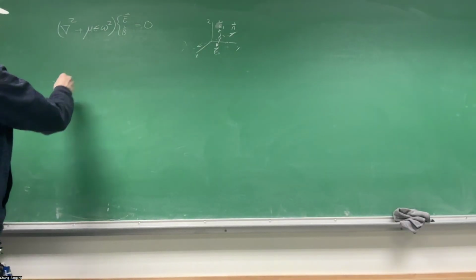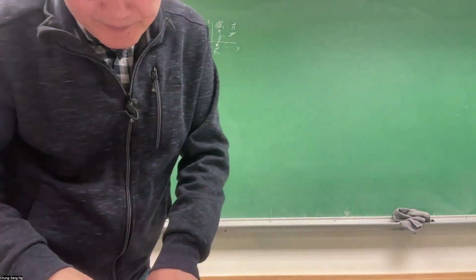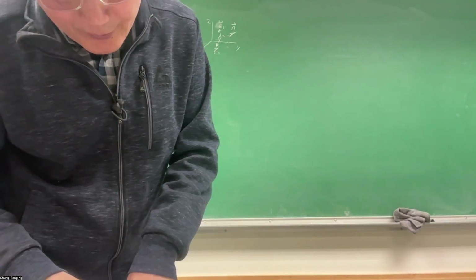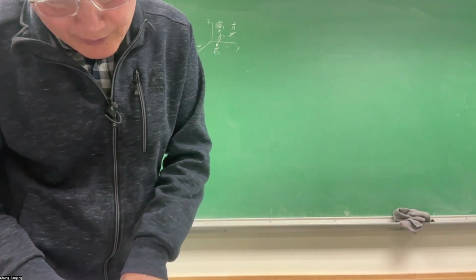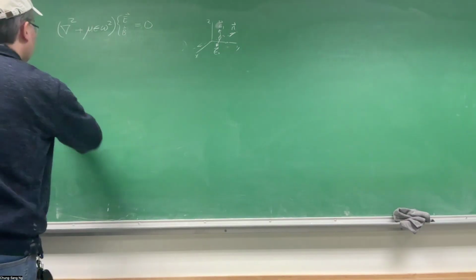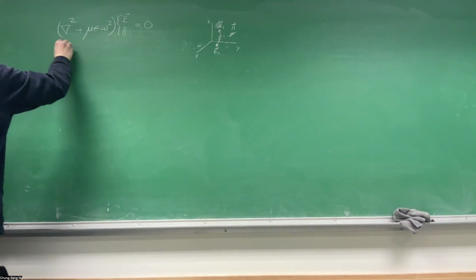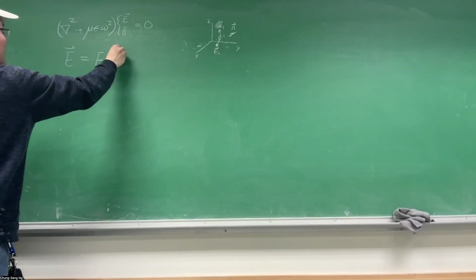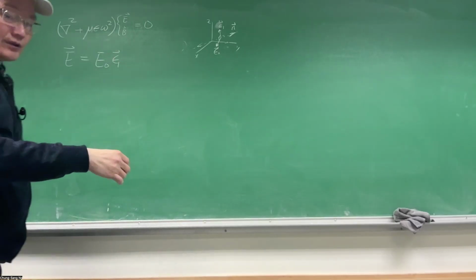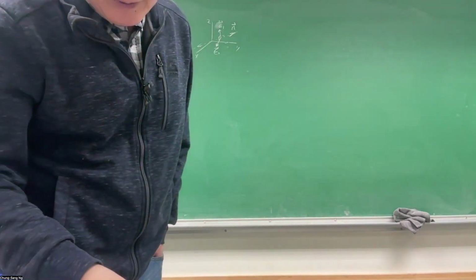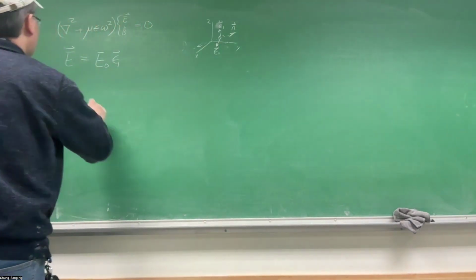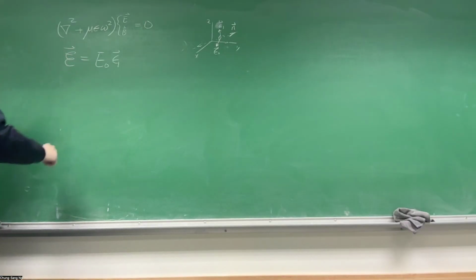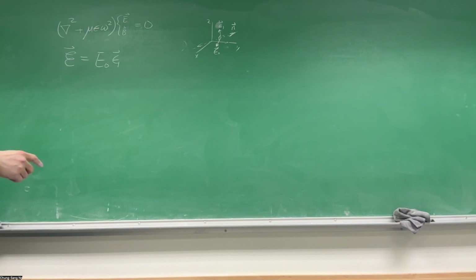Like the electric field, I think Jackson starts with epsilon 1. The electric field is along epsilon 1, right? And this could be the magnitude, the amplitude of the wave, E sub 0 epsilon 1.